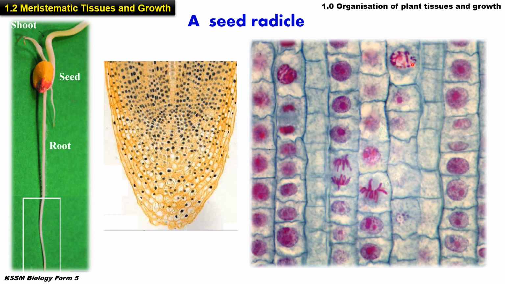We are going to observe the zone in the root, in the seed radical. So, kalau microscope function very well, you are able to see the cell doing mitosis. Tapi selalunya tak nampak. So, to overcome that, saya dah tunjukkan gambar dekat sini.